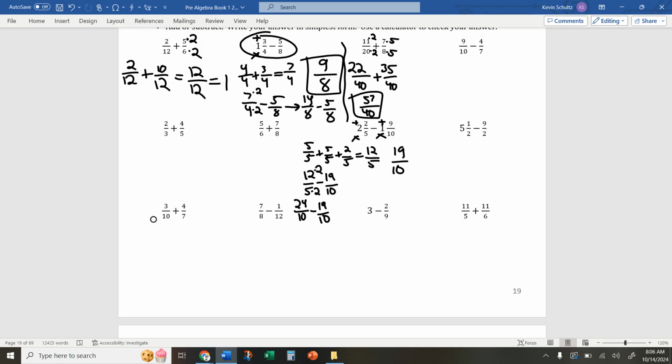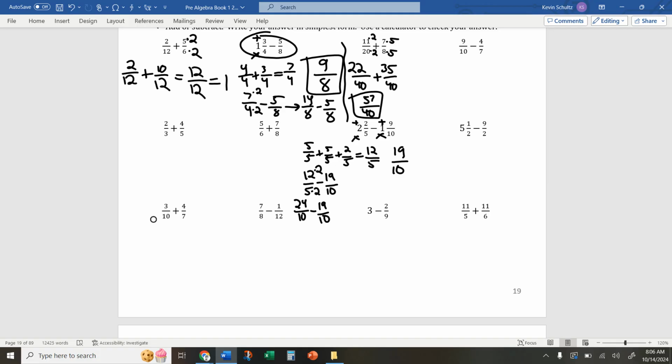Now that we're talking about the same thing, we're both talking about tenths. We have 24 of them, take away 19. How many tenths do we have left? Or it's 15 over 10. 24 minus 19 is not 15?